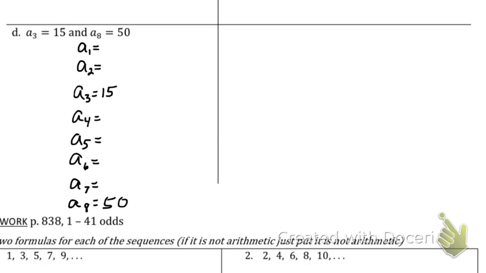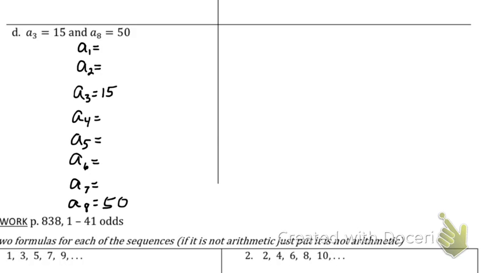Let's look at the fact that if I was doing trial and error, I would pick a number, say it's 2, and I would do 15 plus 2. And then I would add 2, and then add 2, and then add 2, and then add 2, and I'd hope it equaled 50. It doesn't, because 2 is not the common difference.